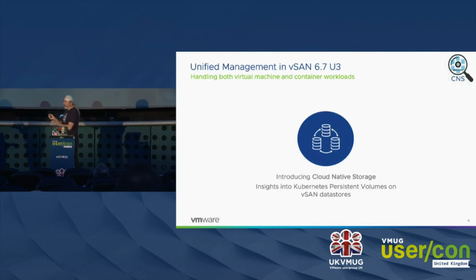So the next thing then was this cloud-native storage feature. And this is essentially using vSphere plus vSAN, so you'd have vSphere running your Kubernetes cluster, and any of those container-based applications that require persistent storage can consume vSphere storage underneath.